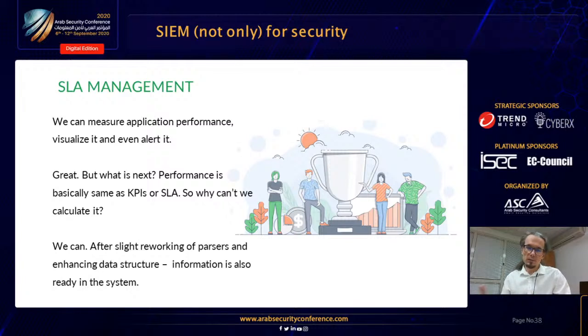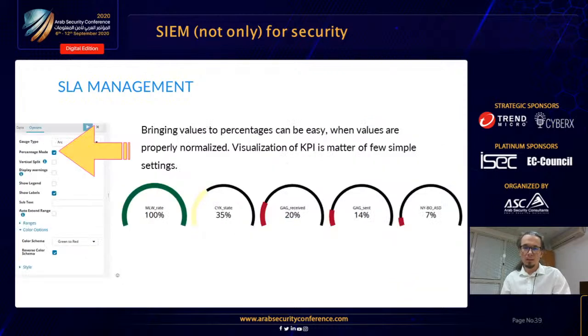So basically this means that we can also calculate the KPI and SLA. That would require a slight reworking of parsers and enhancing, but other than that, it's basically the same calculation mechanism. KPIs have one problem, let's say, that their thresholds are very different, and sometimes it's harder to say exactly whether the KPI is in a good state or below expectations.